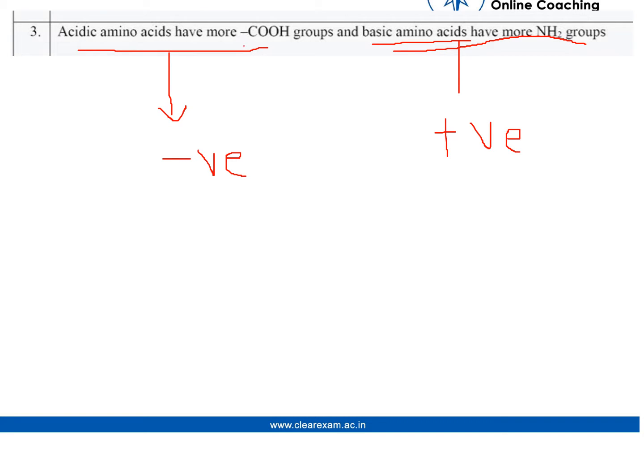That is, in this, COOH is negative, and NH2 has no negative sign, that is positive, it carries the positive charge. Okay.